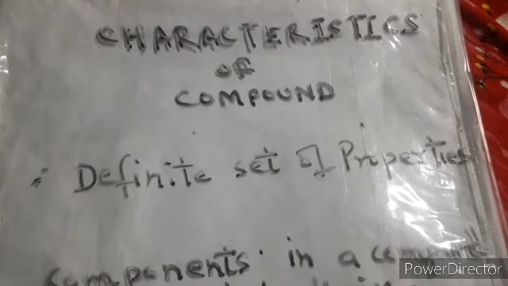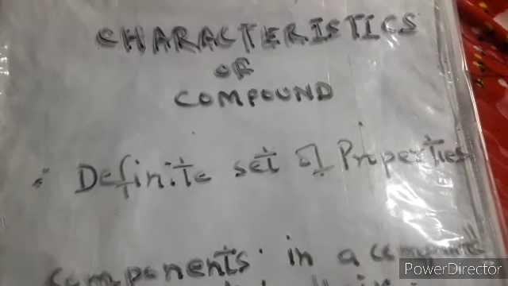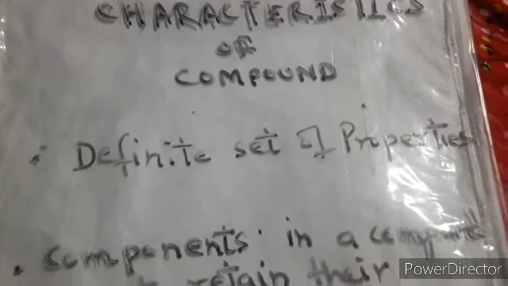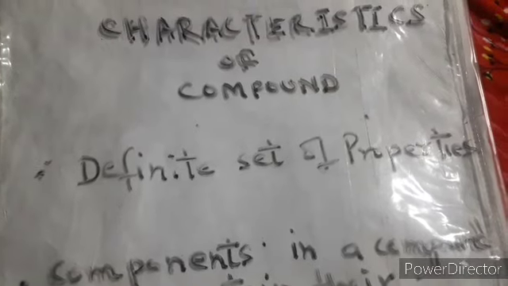Now we'll focus on two other factors. The other characteristic of a compound is a definite set of properties. We have already seen in the previous examples that the components have very different properties compared to the compound, right?